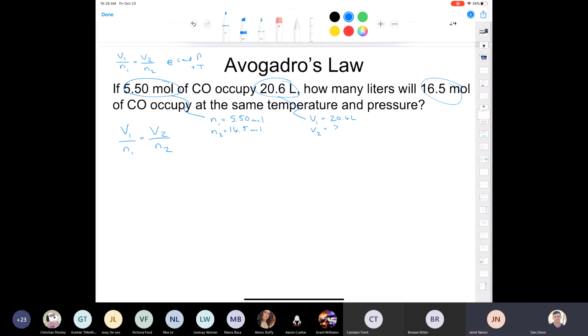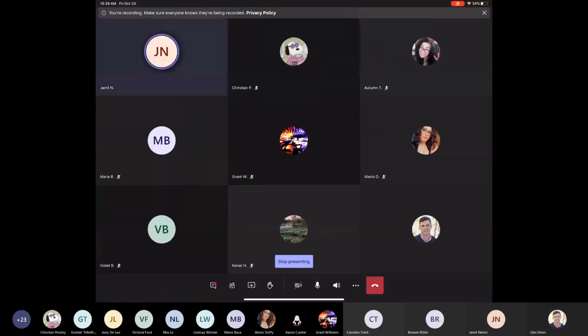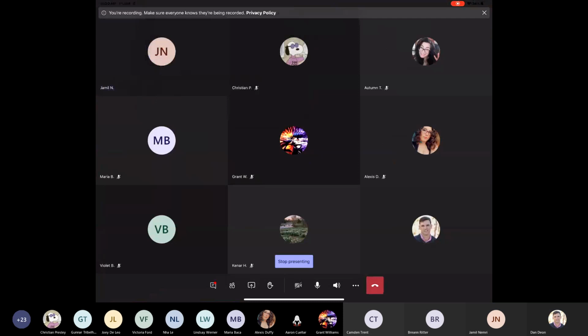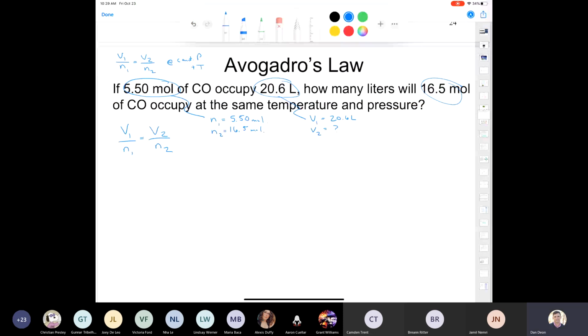Does anybody have an intuition here as to whether the volume is going to increase or decrease? Ashlyn says increase. Let's check.